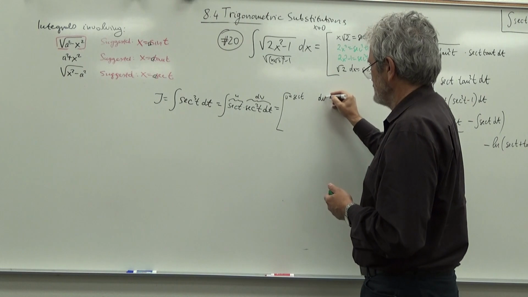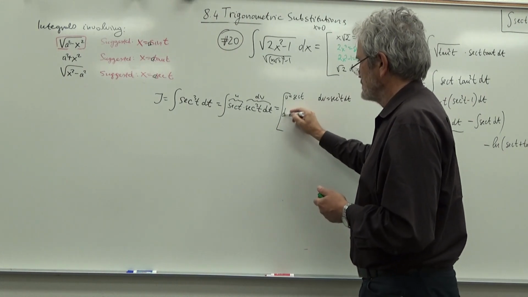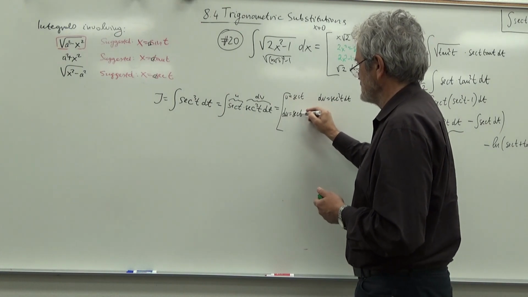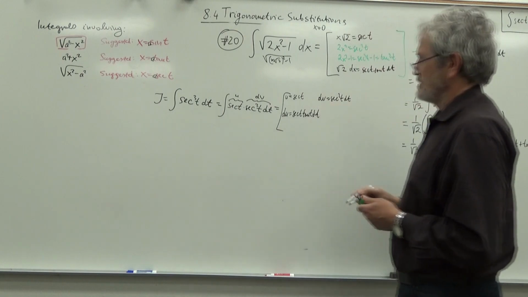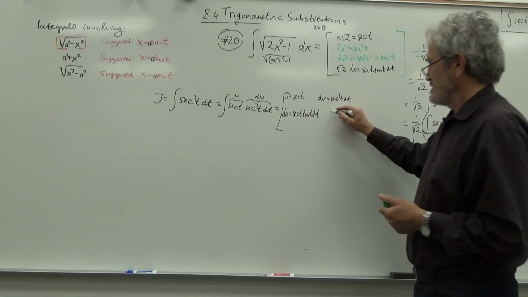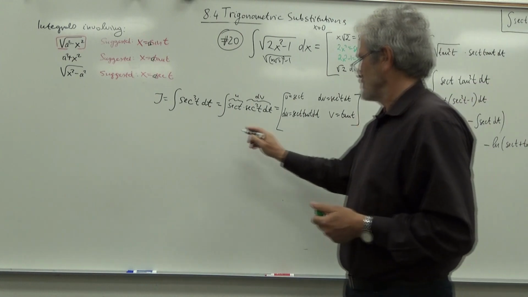dv is secant squared t dt. du is secant t tan t dt, we differentiate, and v is tan t. So what do we get here?